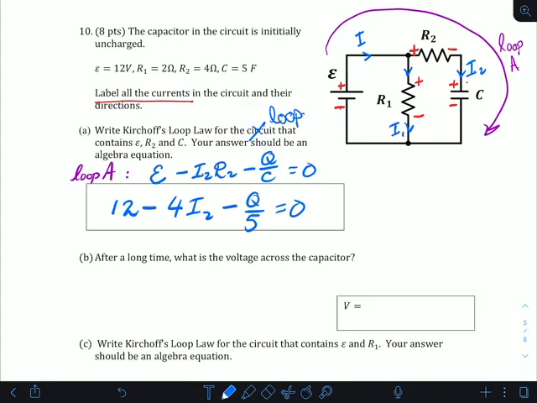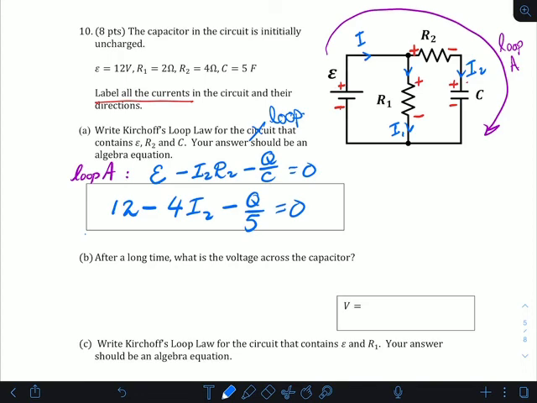We now have, after a long time, it asks what is the voltage. We don't have an equation that we solved for this, but we can look at the equation that we just drew and figure out what's happening.